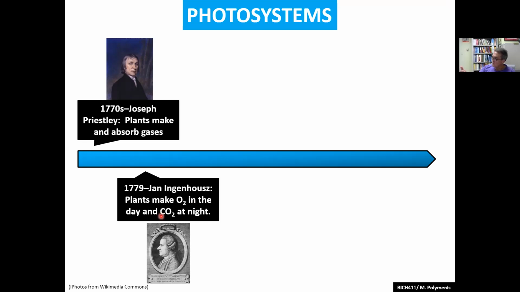Now, yes, they absorb CO2, but they also do other things at night, right? They do their TCA cycle, and all that stuff is happening, so they can actually release CO2 also. They don't just absorb, right? So that's important to remember. The plants still do everything else that we do. They just have an extra thing that they can do, which is photosynthesis, which we cannot do.